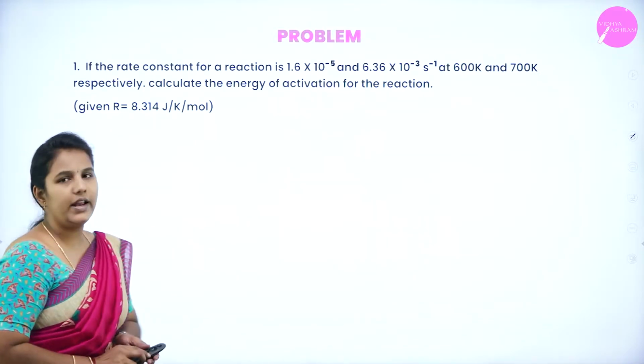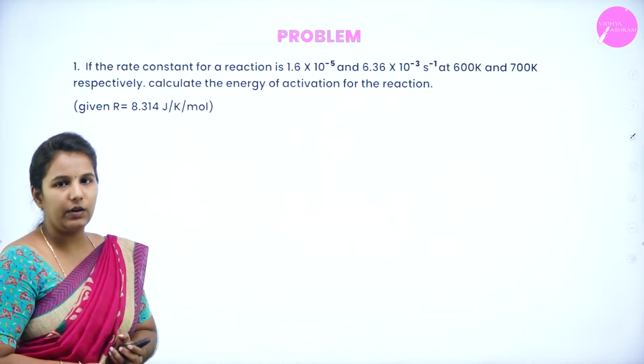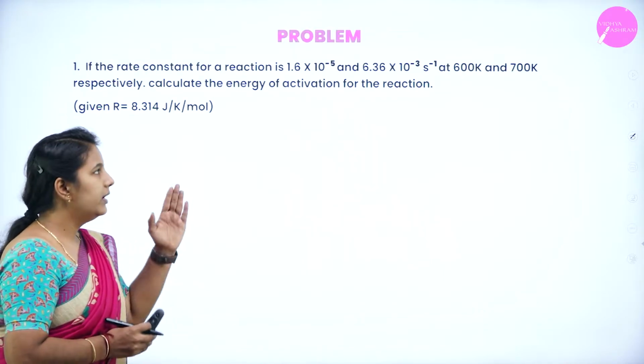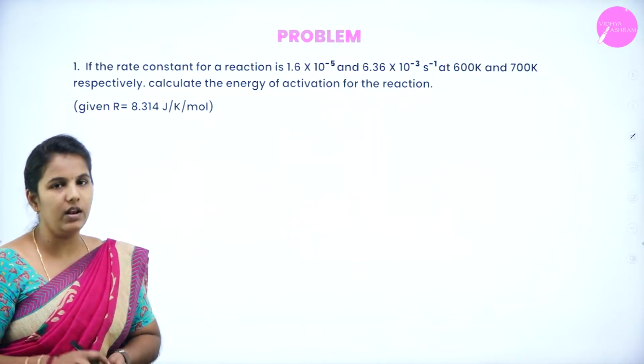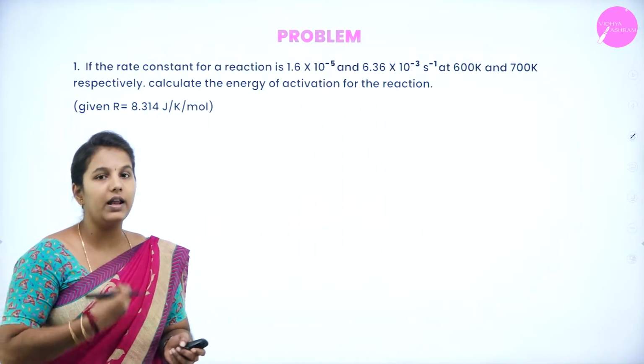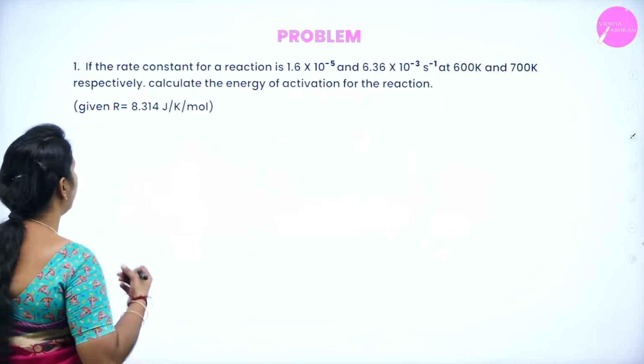We need to calculate the energy of activation, and they have given the temperatures as well as the rate constants, and also the R value. Let us see how to calculate.